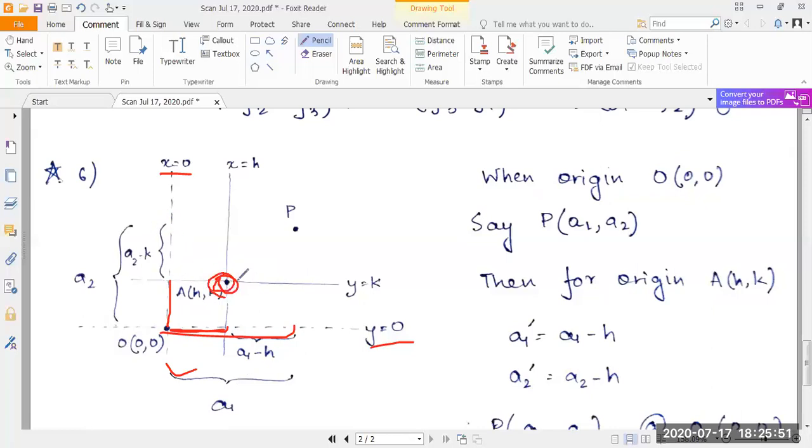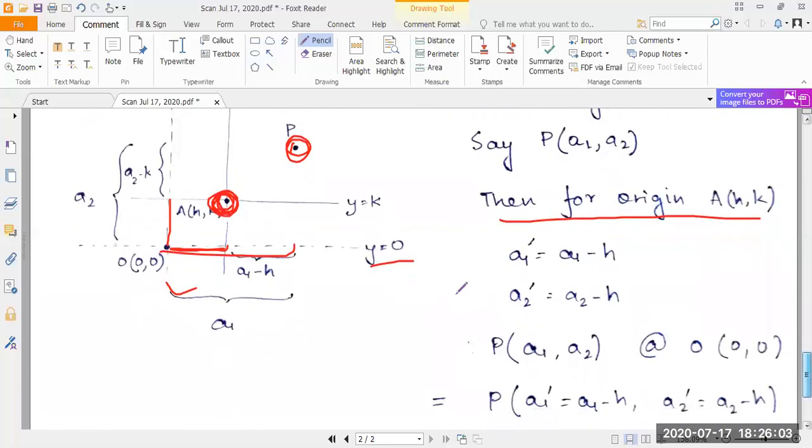Then the coordinate of P with respect to the new origin will be (A1 minus h, A2 minus k). That would be the new coordinate set for P, represented by A1 minus h, comma A2 minus k.